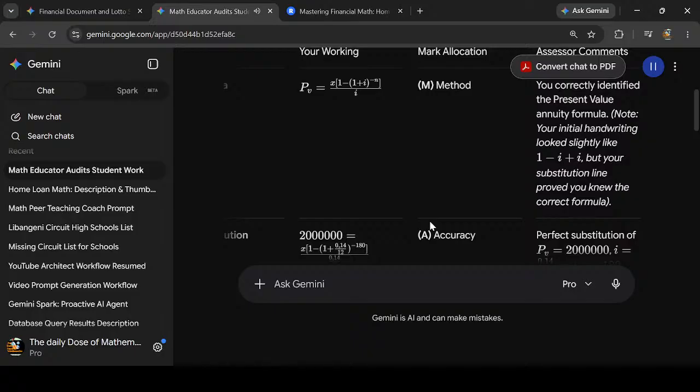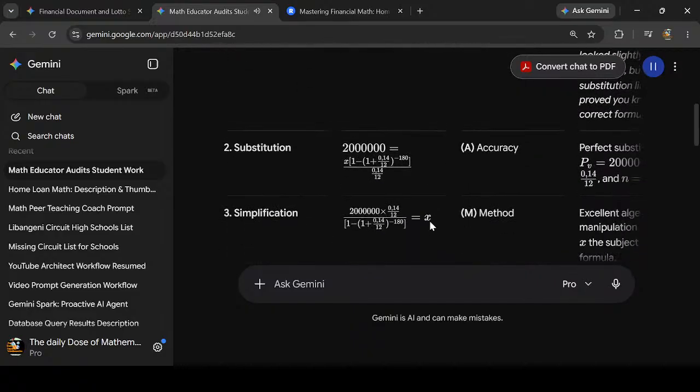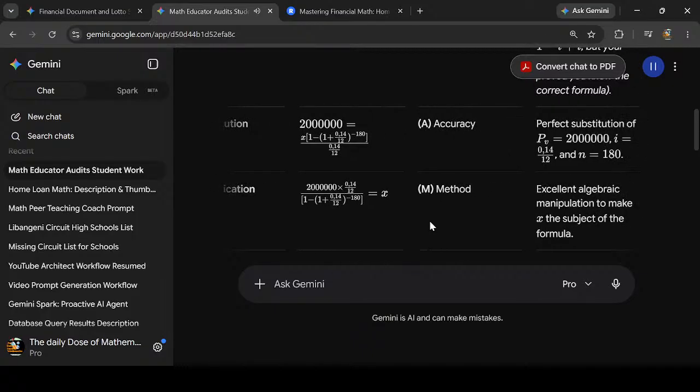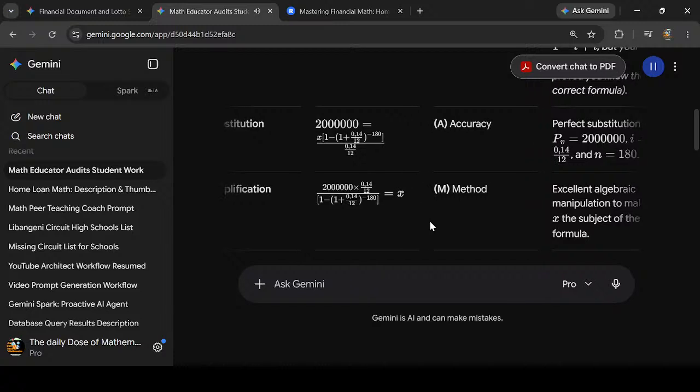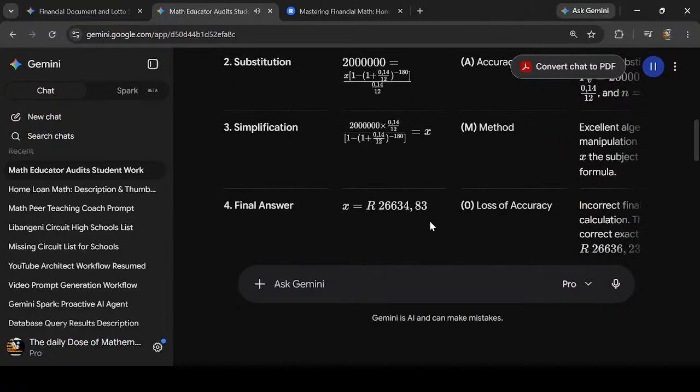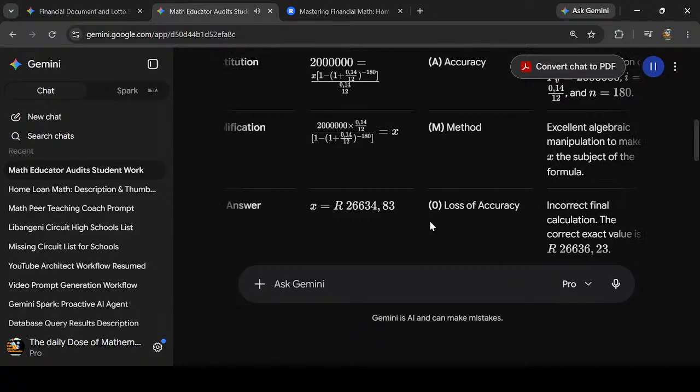Step 2, substitution: 2 million equals x times the fraction of 1 minus (1 plus 0.14 over 12) to the power minus 180, over 0.14 over 12. Accuracy mark: perfect substitution of PV equals 2 million, i equals 0.14 over 12, and n equals 180. Step 3, simplification: 2 million times 0.14 over 12, over 1 minus (1 plus 0.14 over 12) to the power minus 180, equals x.